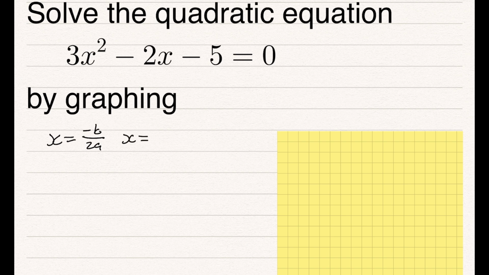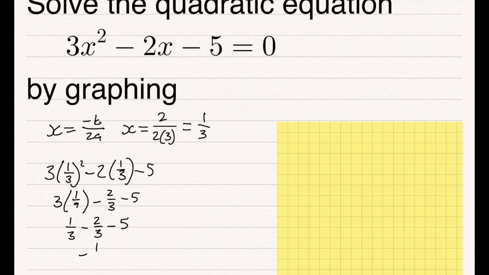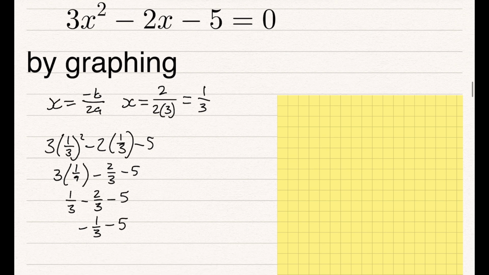So in our case, x is equal to negative negative 2, or 2, over 2 times 3, which comes out to 1/3. Plug that in. 3 times 1/3 squared minus 2 times 1/3 minus 5. So we have negative 1/3 minus 5, or negative 5 1/3.